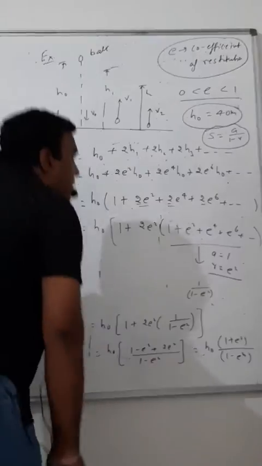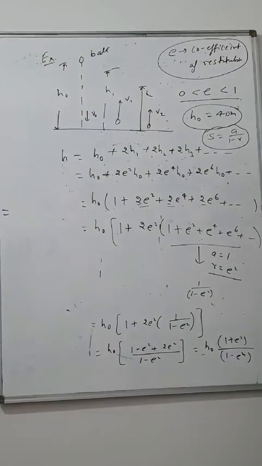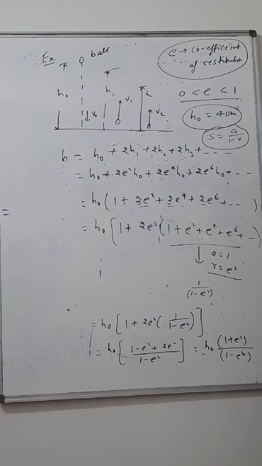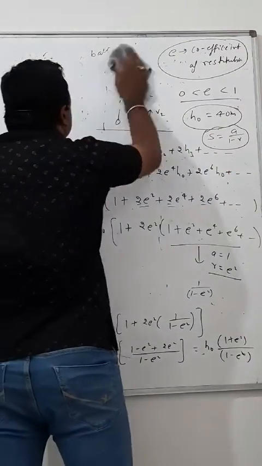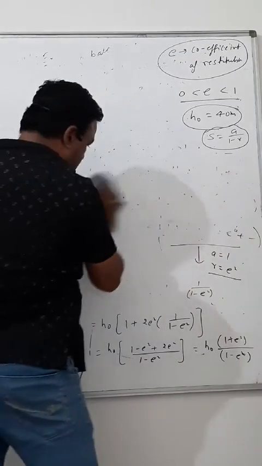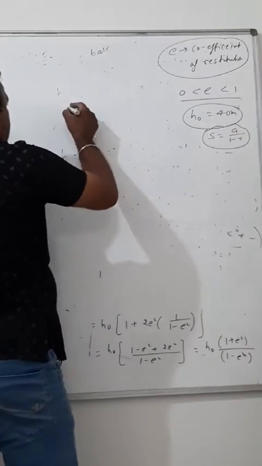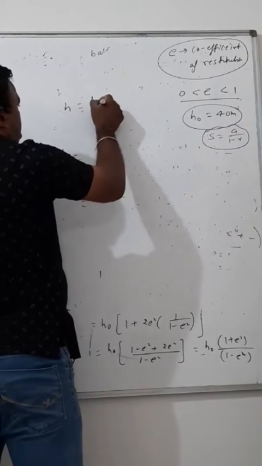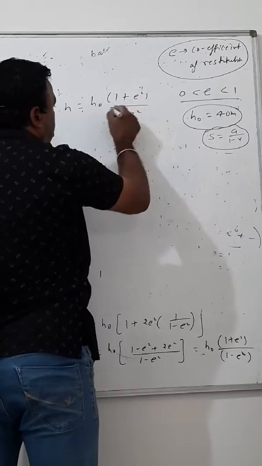For example, here H0 was 40, right? And let the value of e be 1 by 2. Then what should be the answer? Our total distance comes H0 (1 plus e square) upon (1 minus e square).